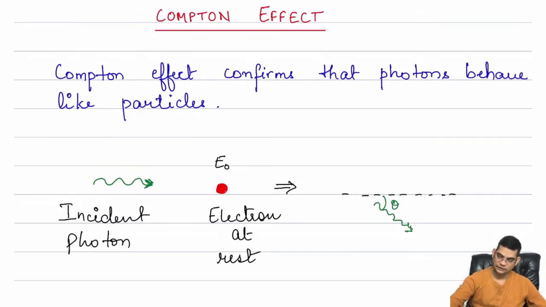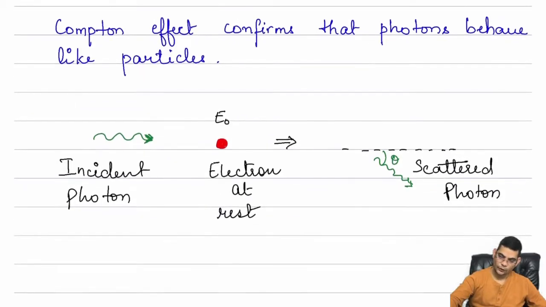This is the scattered photon. An electron gets recoiled at angle phi. This is the recoiling electron.